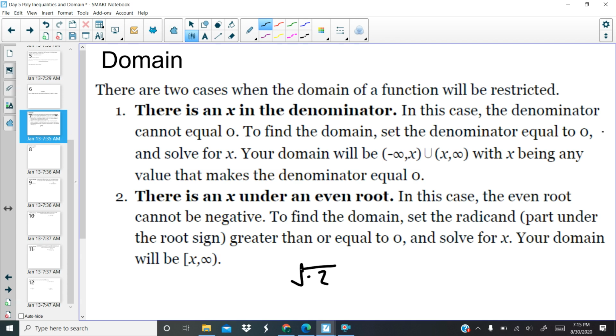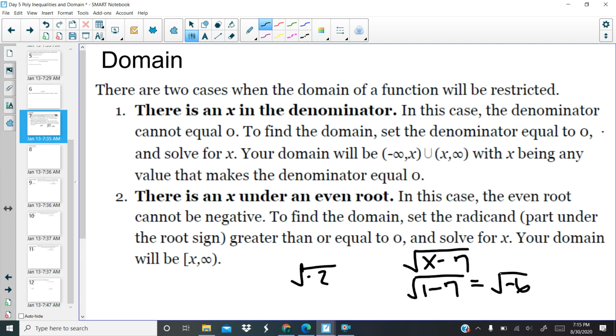An example of that would be the square root of x minus 7. If you tried x equals 1, then you would have the square root of 1 minus 7, which is the square root of -6, which is undefined. It would be an imaginary number.